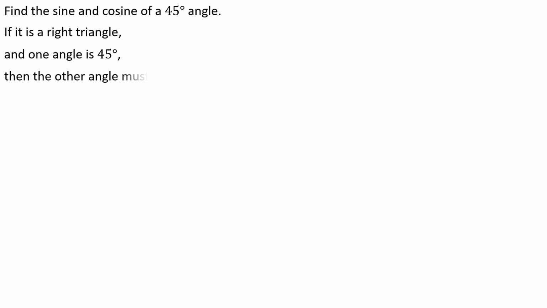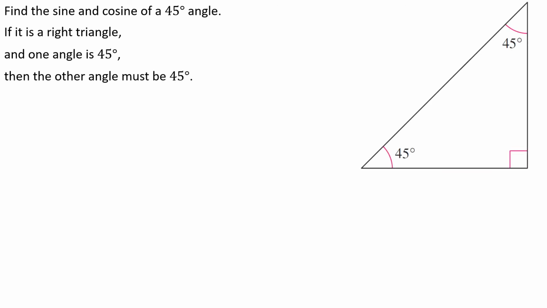And I need a right triangle with a 45-degree angle. Of course, if one of the acute angles is 45 degrees, to make it add up to 180, the other angle has to be 45 degrees. Hey, it's our friend. It's the 45, 45, 90 right triangle.